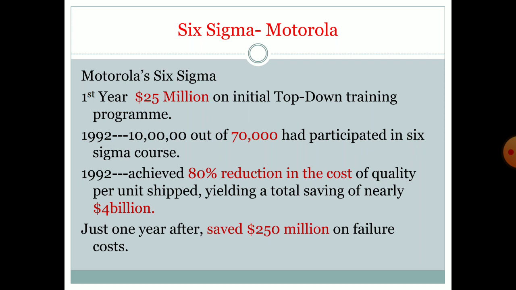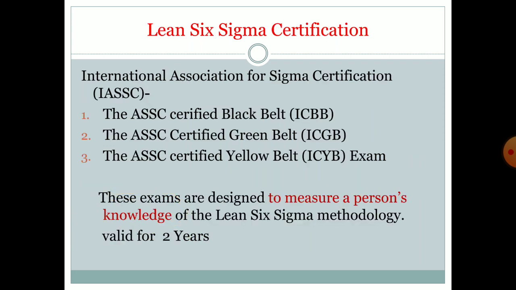In 1992, 1 lakh 70,000 people participated in the Six Sigma course of this company, and in the same year the company achieved an 80% reduction in defects, worth around $4 billion in savings. Remember, this is a very high cost.